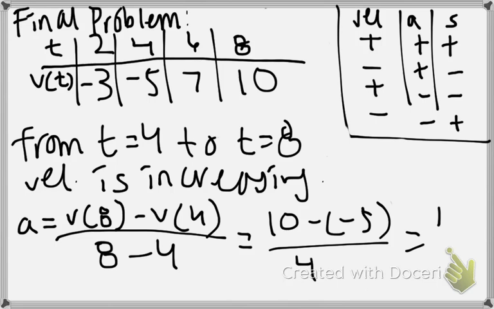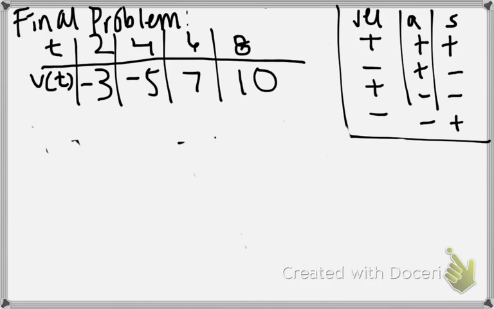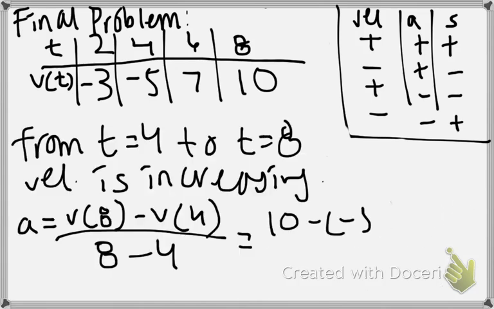And now for more math, what we need to do is find the acceleration. As we said before, acceleration is the derivative of velocity, or the rate at which the velocity is changing. So all you need to do is find the derivative, find the slope of that interval. So what you do is find v of 8 minus v of 4, and divide it by 8 minus 4, just a simple slope formula.